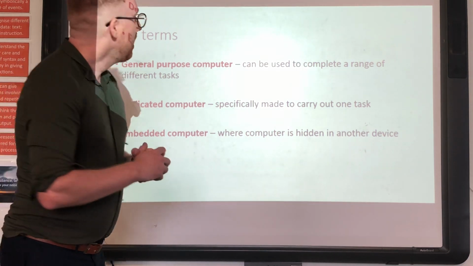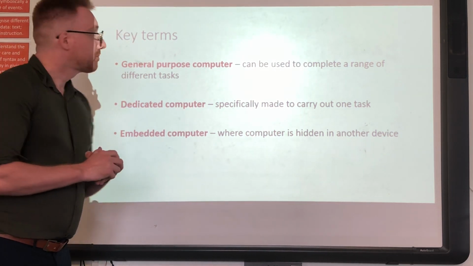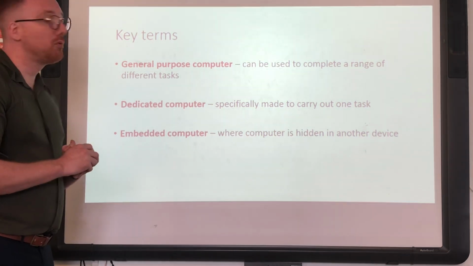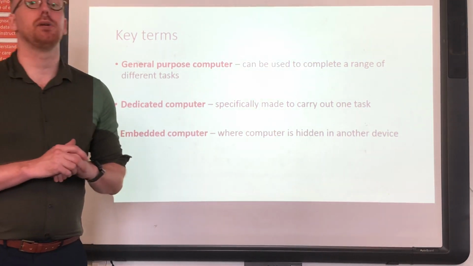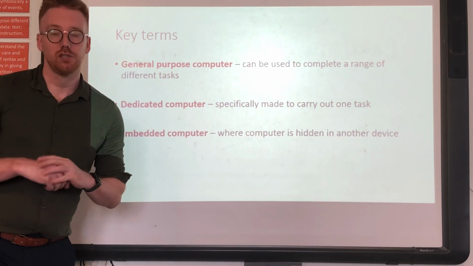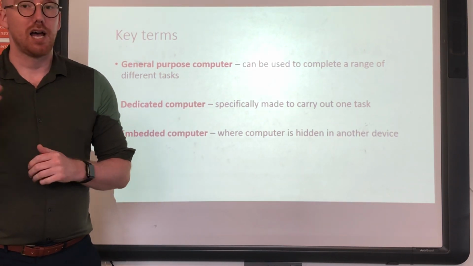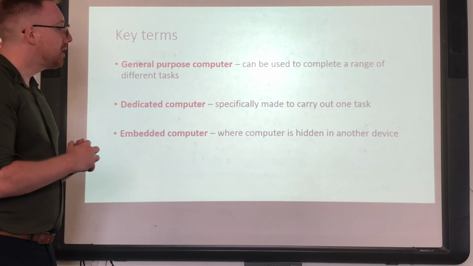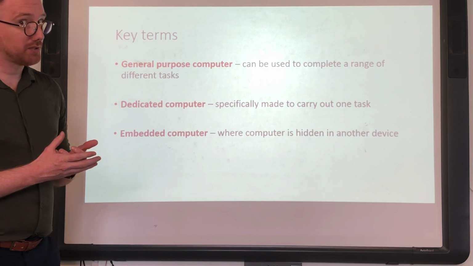So let's have a look at some of the key terms that you need to make sure you've got well defined. You need to define what we mean by a general purpose computer. A computer that can be used for a range of different tasks. Just load a different program and the computer can be used for something different. You need to know what we mean by a dedicated computer system.